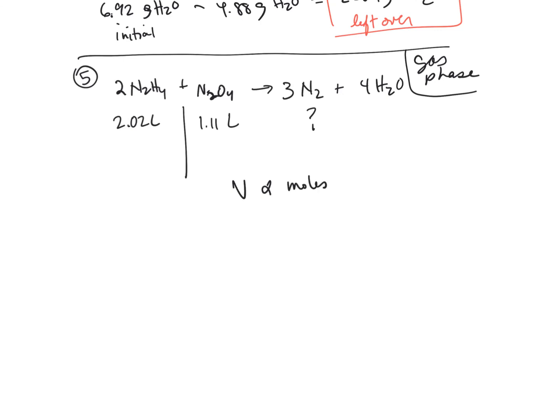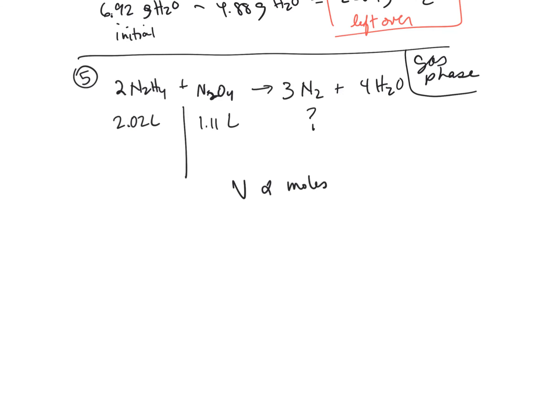So normally what we do is take the moles of N2H4 and calculate the moles of nitrogen. Then we take the moles of N2O4 and calculate the moles of nitrogen. Pick the smaller one, that's the amount formed. But if you use PV equals nRT, everything would cross out except for the volume. So the ratio of the moles is going to be the ratio of the volumes.